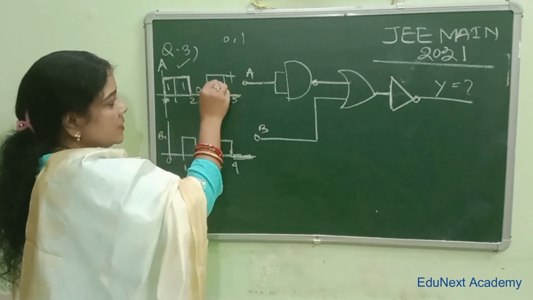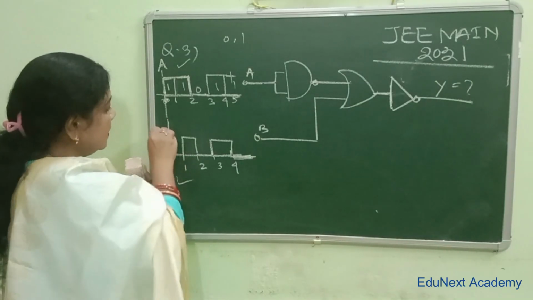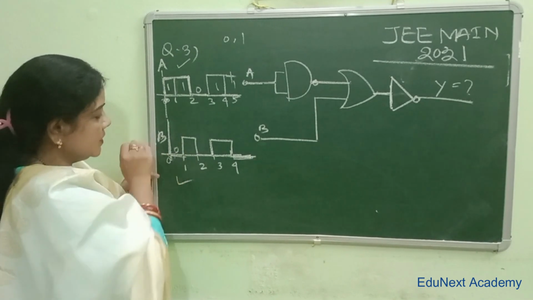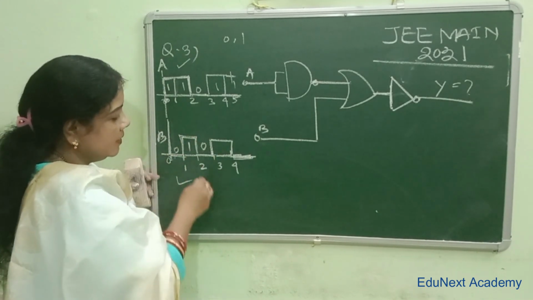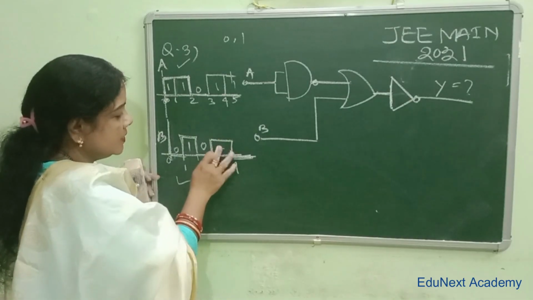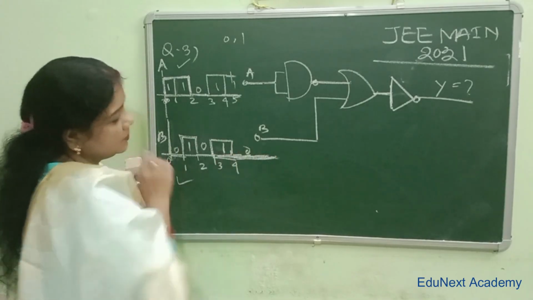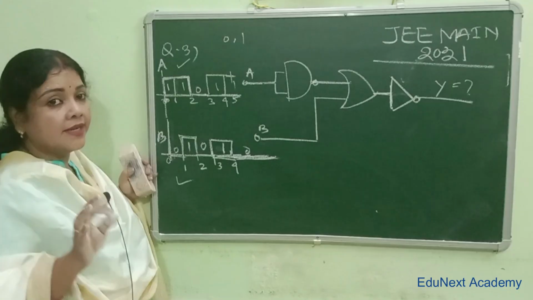Then from 3 onwards it is high, meaning 1. Similarly, for B input, from 0 to 1 it is 0, 1 to 2 it is 1, 2 to 3 it is 0 again, 3 to 4 it is high, then 0.